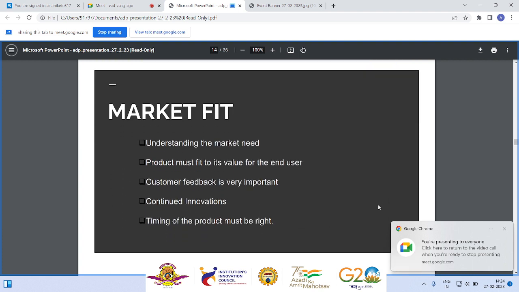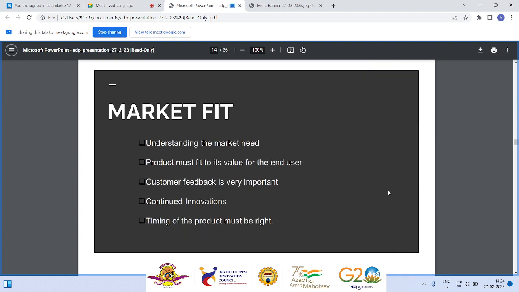So coming to the next part, what do we mean by market fit? Market fit is nothing but understanding the market need: for the product that we are bringing out, is there generally a need in the market?